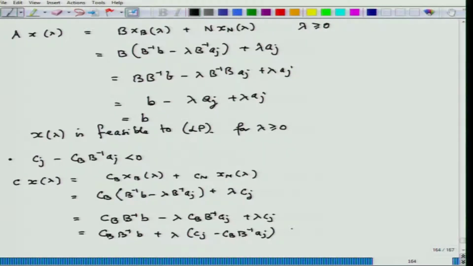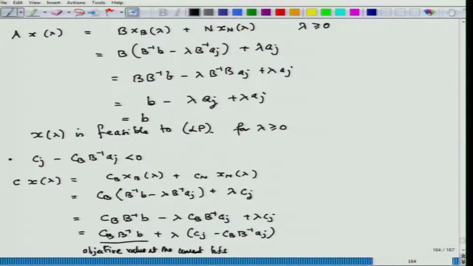Now, I know that this is strictly less than 0. Now, this is fixed, this is the objective value at the current BFS. Now, this is negative.